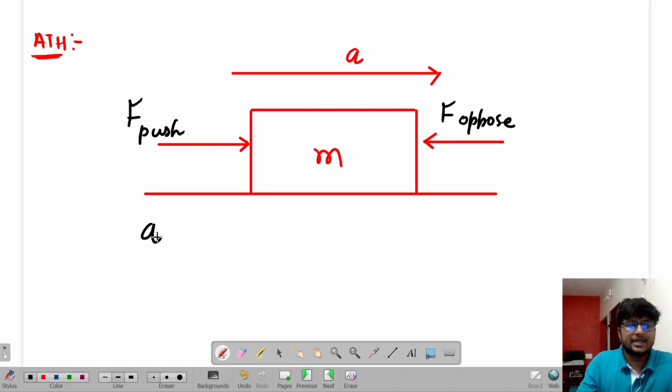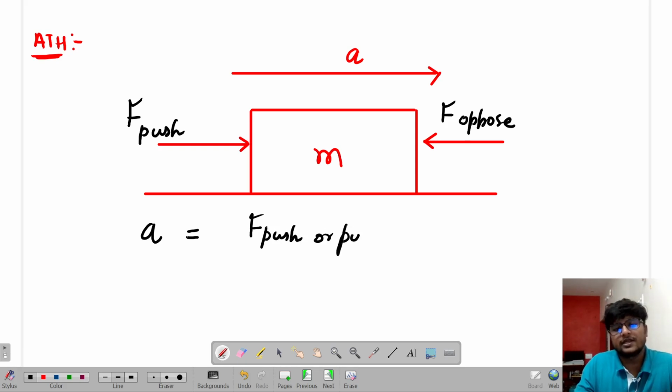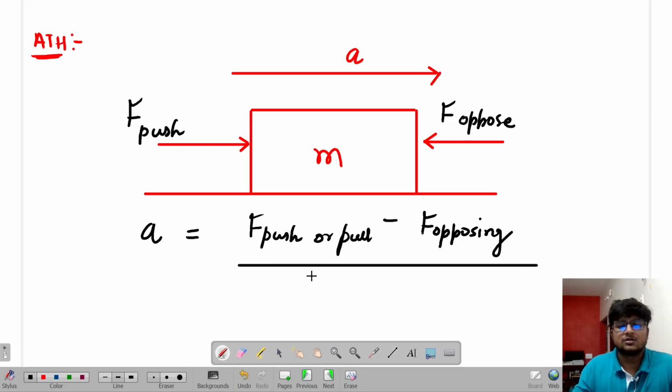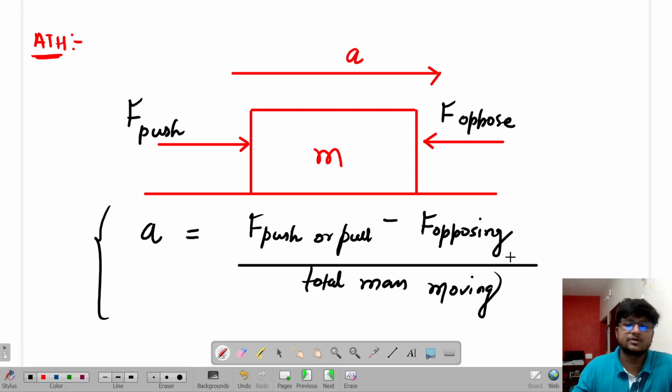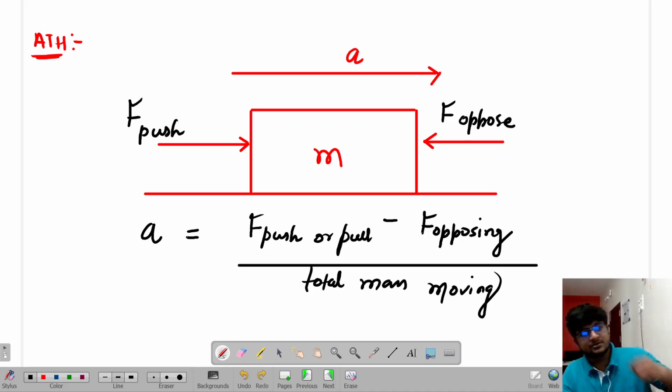So basically acceleration is simply equal to the force which is pushing or pulling it minus the force which is opposing this motion, divided by the total mass moving. That is the concept of acceleration. Same something, yes or no? So look over here.